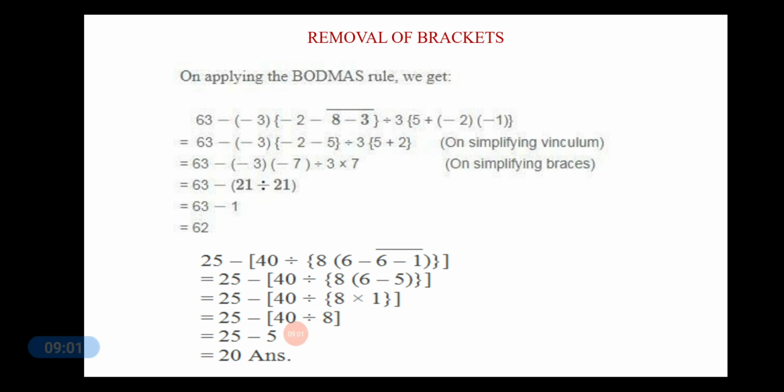So in the next step again you will get 25 minus, within the box brackets 40, divided by 8. So 40 divided by 8 you get 5. Now you have minus sign over here, so this will become minus 5. So 25 minus 5, ultimately you get the answer as 20. So children, you will have to open the bar brackets in this way and then solve the sums.